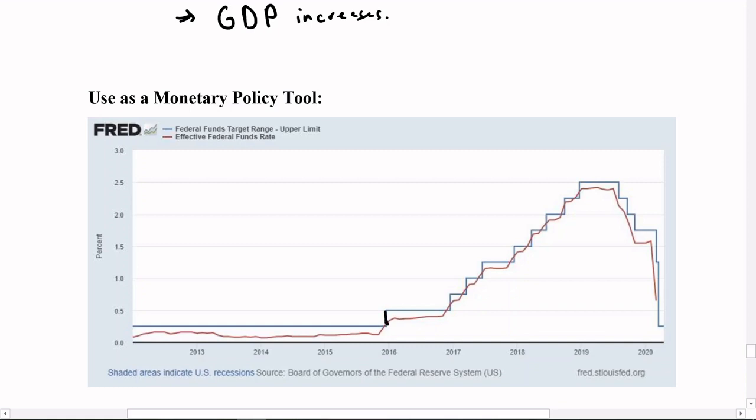So here, the range was 0.25 to 0.5. At its most recent peak, the range was 2.25 to 2.5.